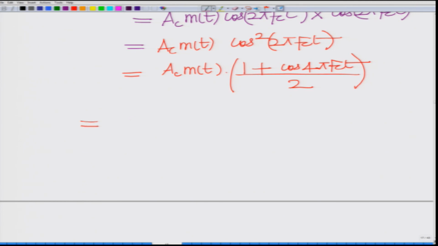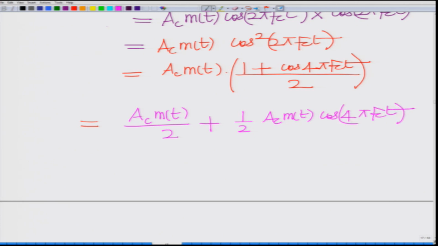I have A c m t divided by 2 plus half A c m t into cosine 4 pi f c t.